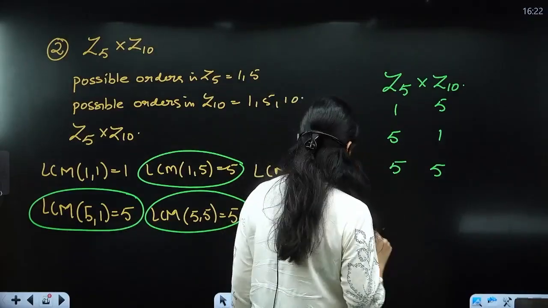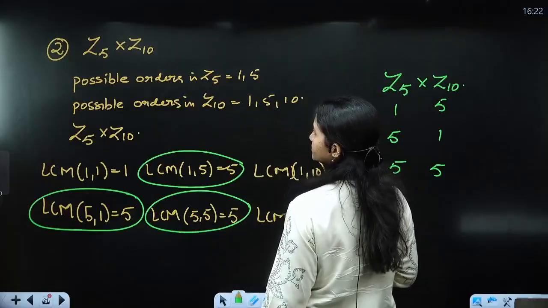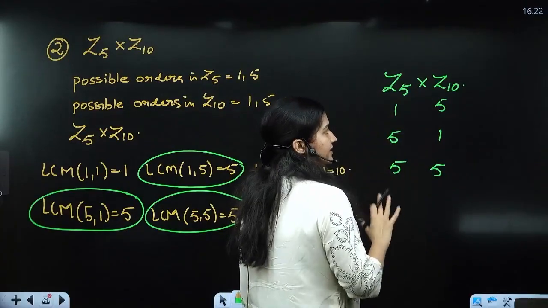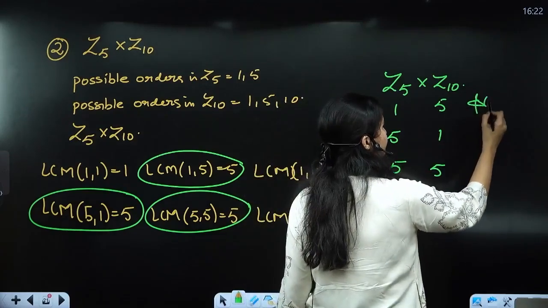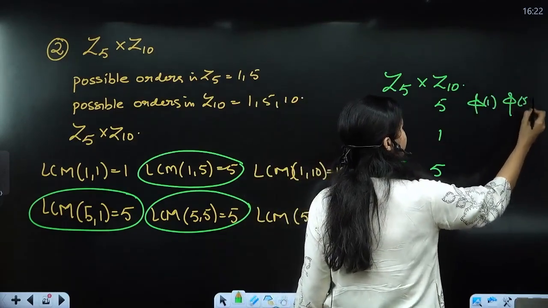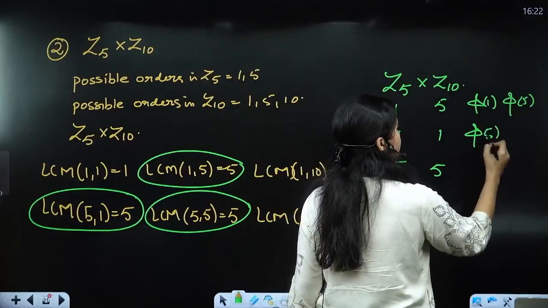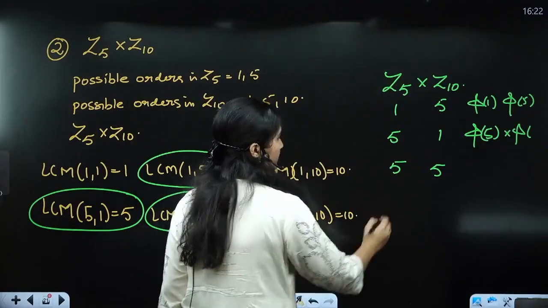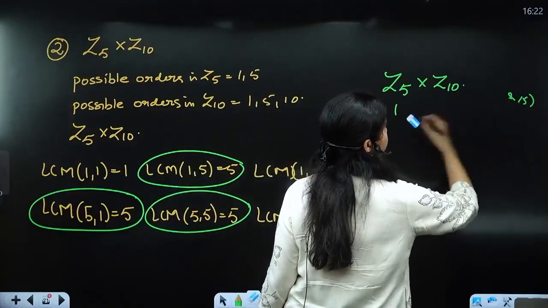Now, okay, the number of elements of order 1 in Z5 is going to be phi of 1, and phi of 5, let me write it with a little bit more space.